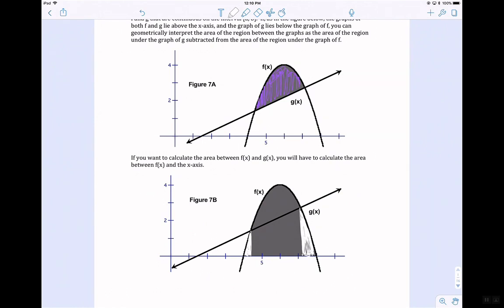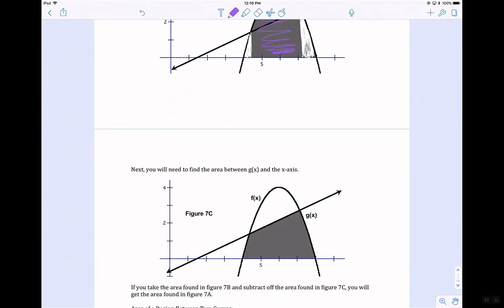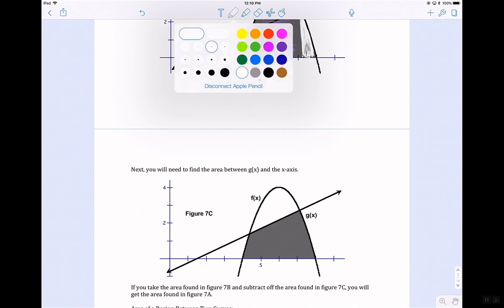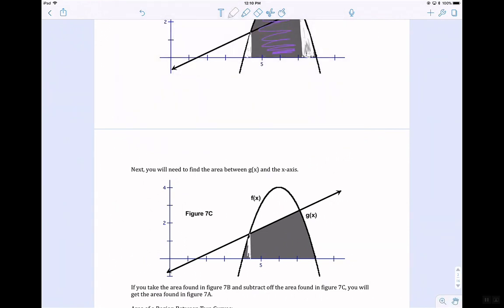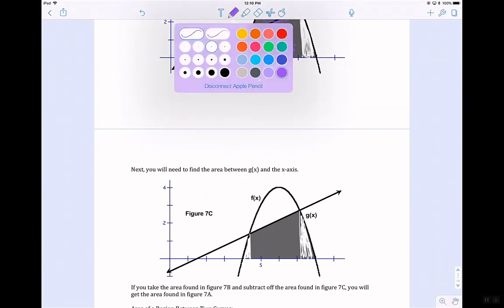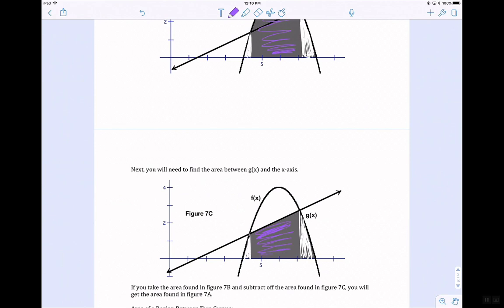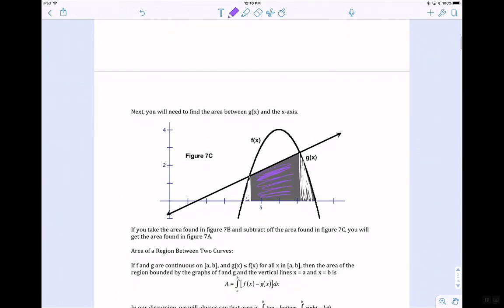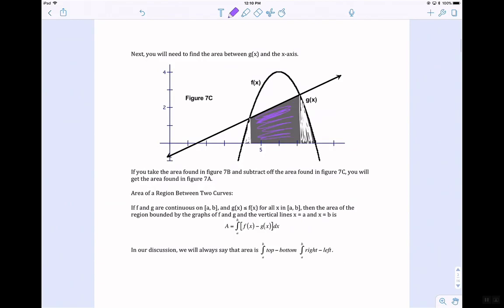We're finding this entire area under the curve with respect to the x-axis, and then we are subtracting off this shaded region here, this little trapezoid. That gives us the area that we wanted, which was above here.